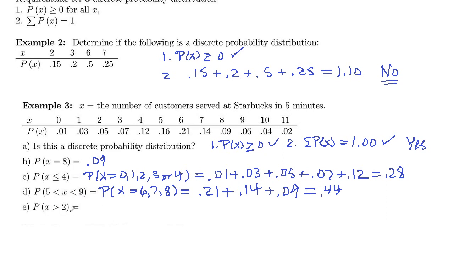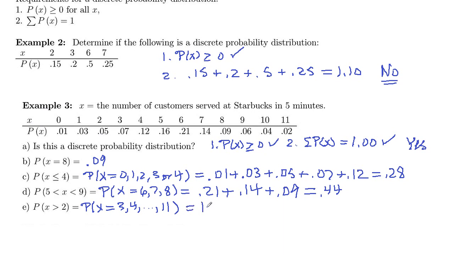Probability that x is greater than 2. So greater than 2 would be 3 all the way up to 11. So x equals 3, 4, up to 11. And we could add up all those probabilities, but we know the total is 1. So we could just add the probabilities for 0, 1, and 2 and then subtract that.